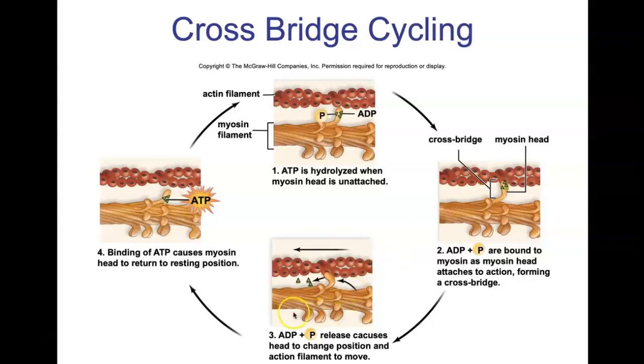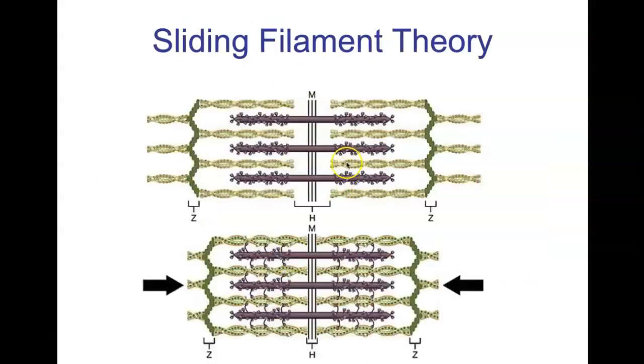So at step 3, this myosin and actin relationship that we see here enables the myosin club shape to move the actin to the center of the sarcomere where the M line was. And that's what we learned about right here.